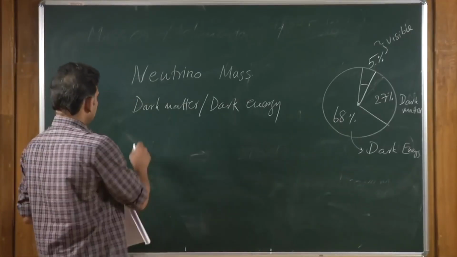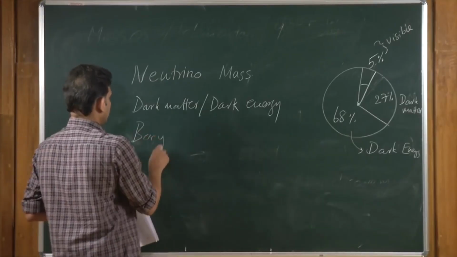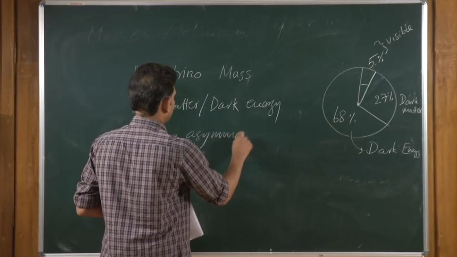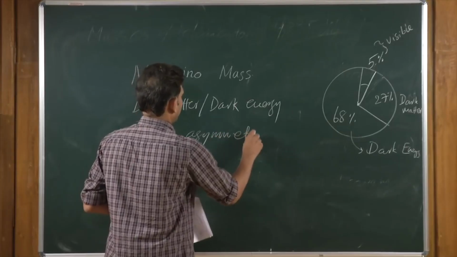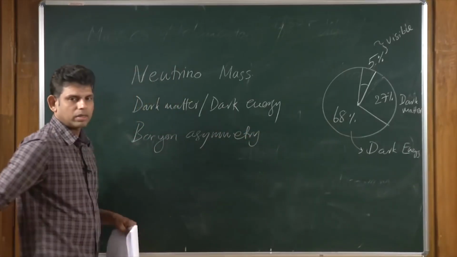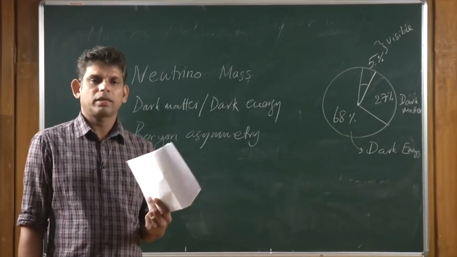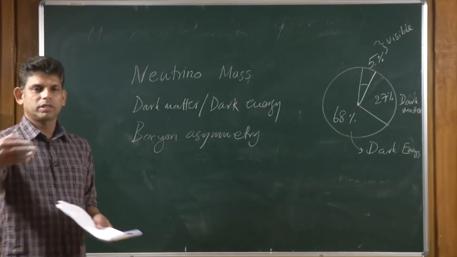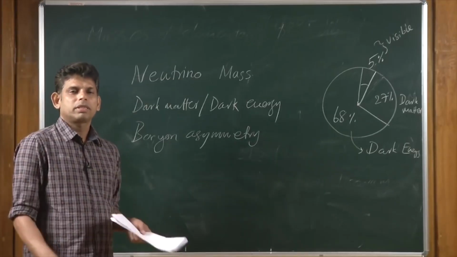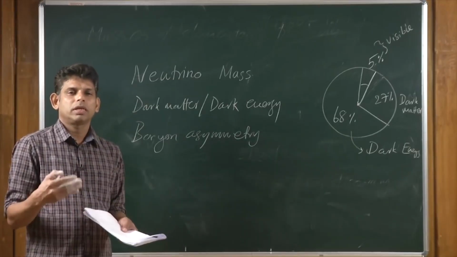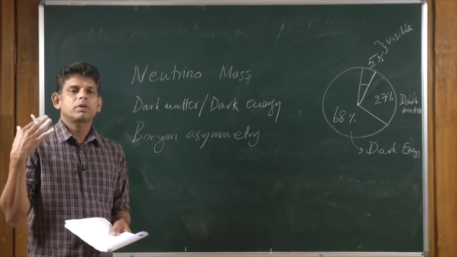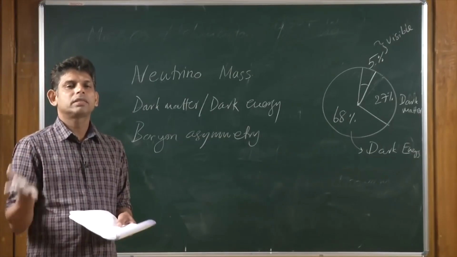And there is also the other question of baryon asymmetry, which is that there is matter and antimatter, like electrons and protons. Those of you who do not know, do not worry about it, but we will describe it later. Basically there is a large number of particles against antiparticles.